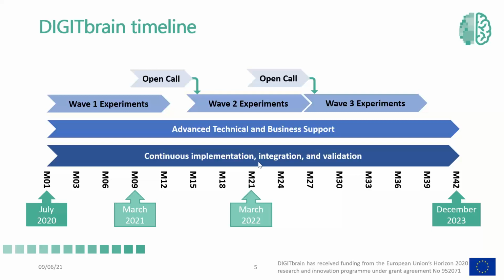During the whole duration of the credit, the 4 months, we will provide advanced acting and technical and business support for the experiment, and the implementation, integration, and validation will be continuous through the whole project duration.